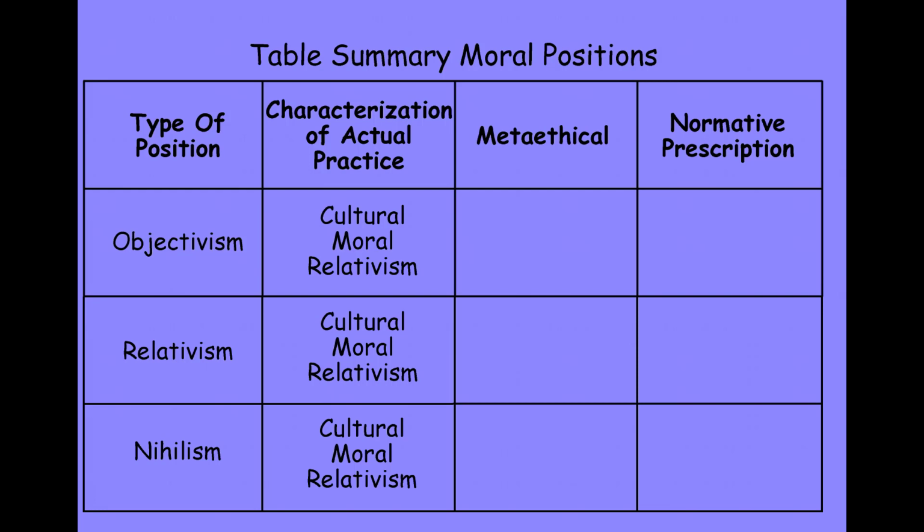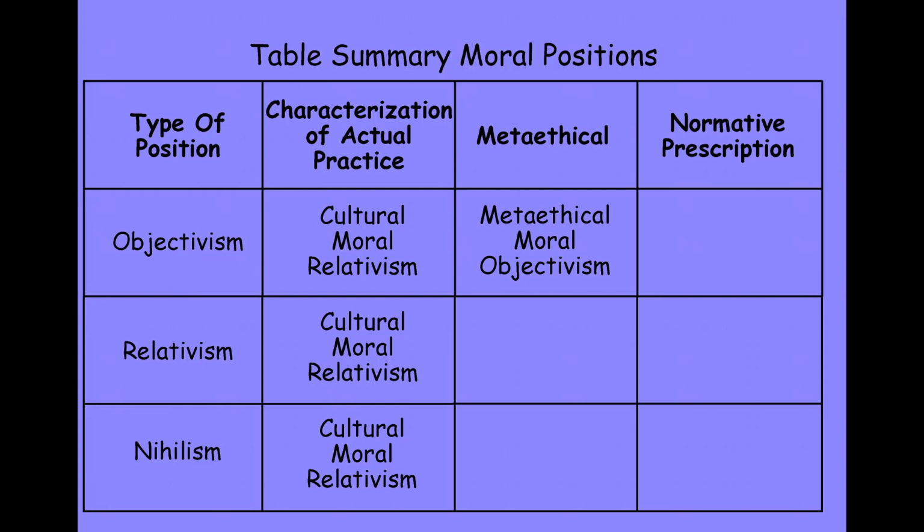And so all of these views have to show how those facts either support their view or why those facts don't undermine that view. And the first class of theories that we look at with regard to this set of cultural practices is meta-ethical moral objectivism.